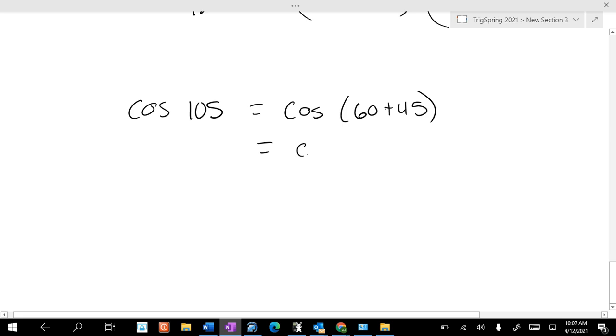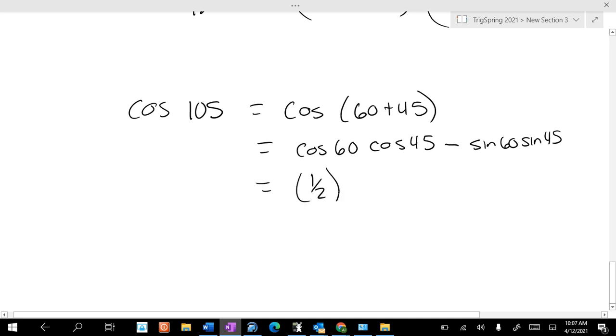So this is the cosine of 60, cosine of 45, and then minus sine of 60, sine of 45. What's the cosine of 60? 1/2. Cosine of 45, square root 2 over 2. Sine of 60, square root 3 over 2.